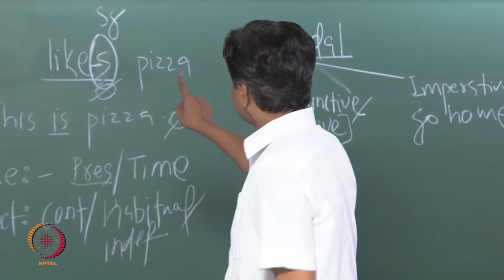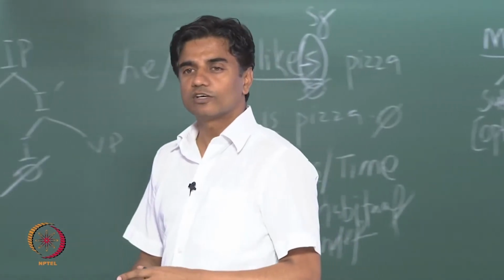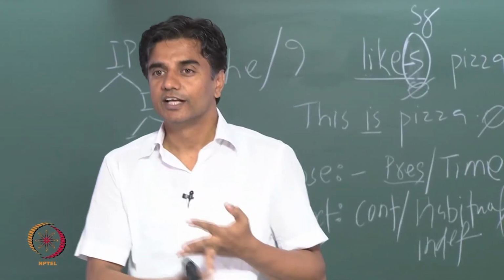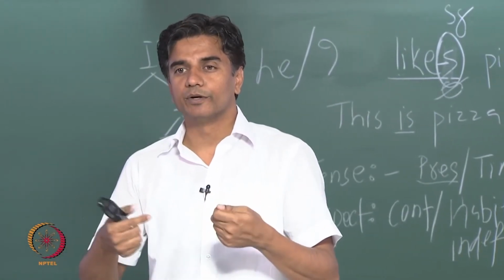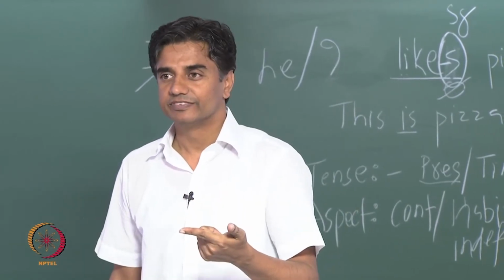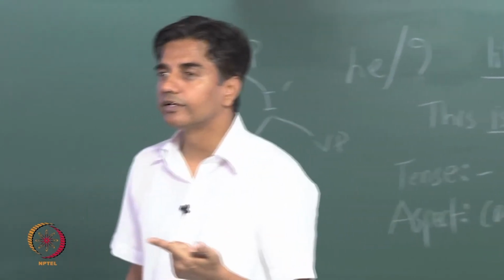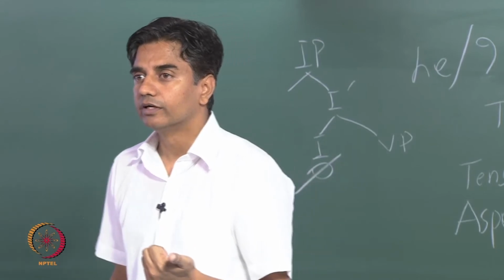So the reason why this sentence gives you the feeling that it's definitely not future, it's definitely not past, and it gives you a sense of not present, is because of its indefinite nature. So how do we differentiate between habitual and imperative?